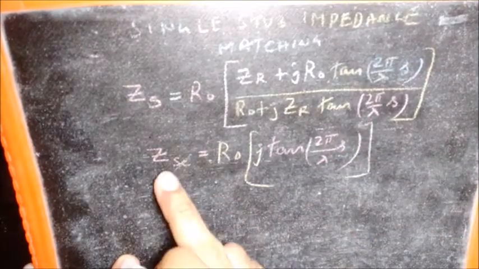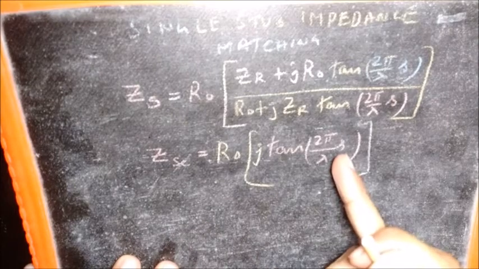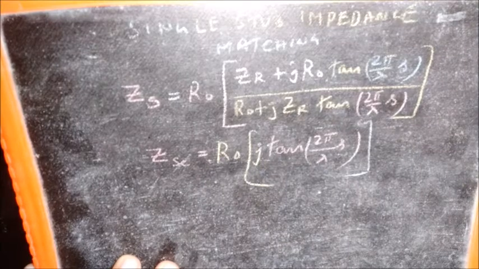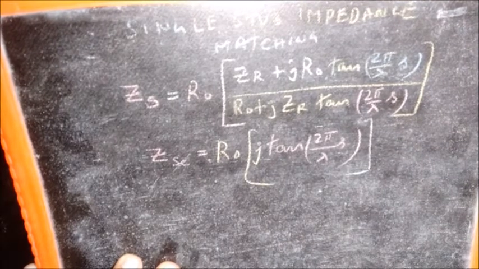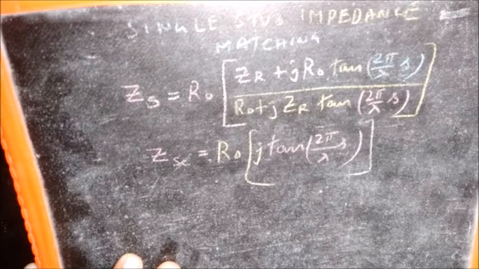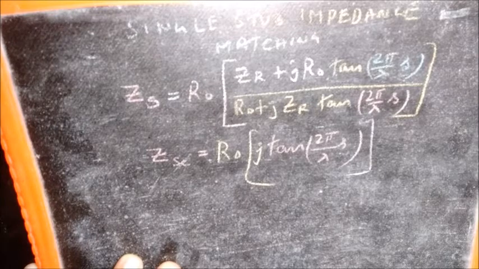Of course, Z short circuit, and at this S, that is the particular location on the transmission line, this is the input impedance of the transmission line. We had discussed this earlier, and we had even had a few plots of this, as well as the case of ZR being infinite, that is open circuit.